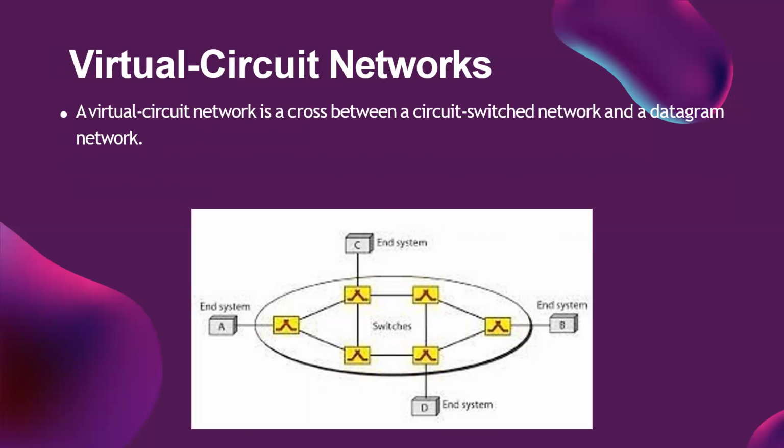It is also known as a connection oriented network because it depends on a proper route. In virtual circuit switching, a preplanned route is established before the messages are sent. So in virtual circuit networks, routes are predefined.